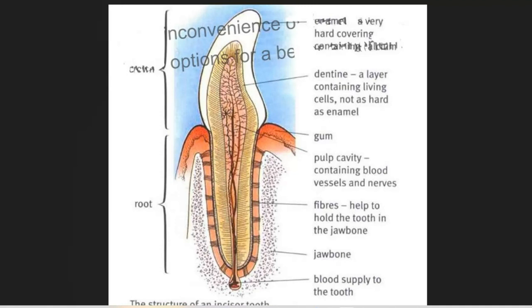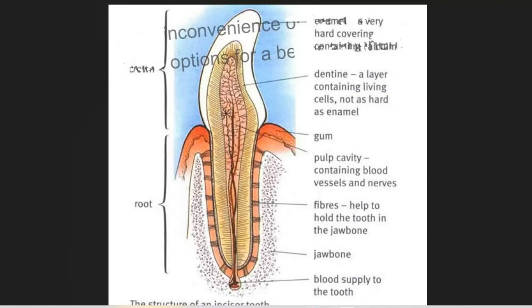This is basically what makes this tooth alive. The gum is holding the tooth in it. Then the fibers connect the tooth to the jawbone. They just work as a thread or connecting fibers. Then there is the jawbone and the blood supply inside the tooth, which supplies blood to the main tooth or the living cells. I hope you understand now.